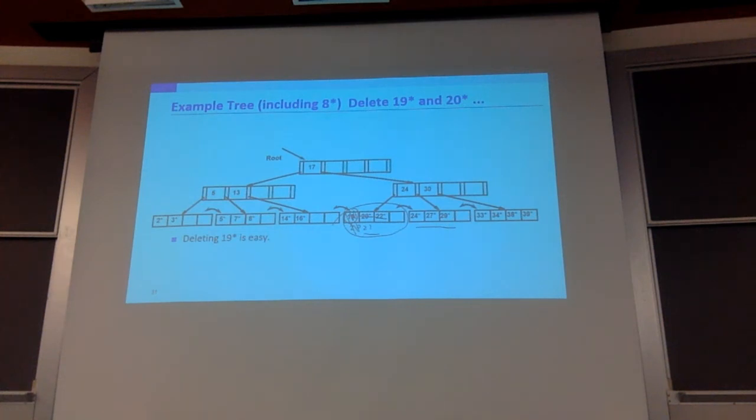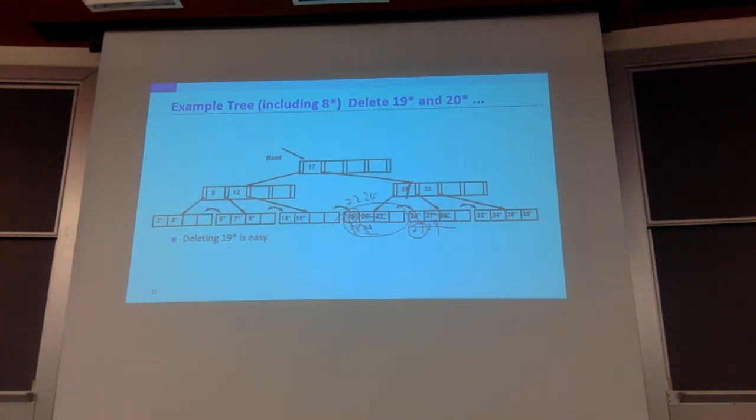So you can move 24 to the left page, and the right page will be 27 and 29. This is called redistribution. If you do that, you also need to copy the very first key of the right page up to its parent. So you need to change the 24 to 27 here.